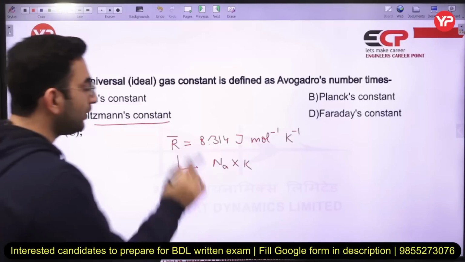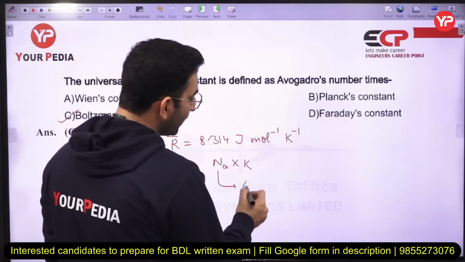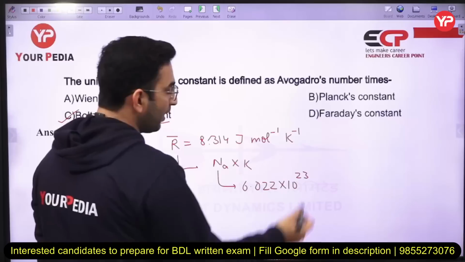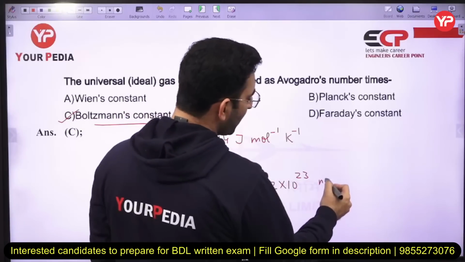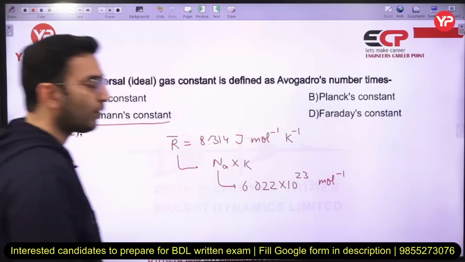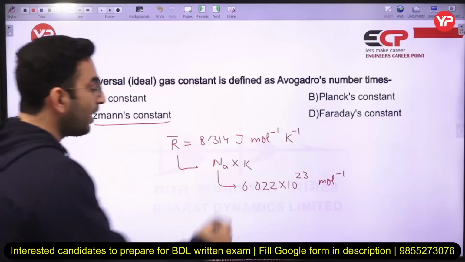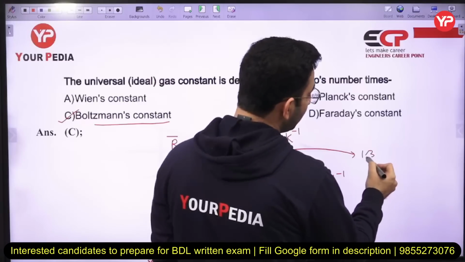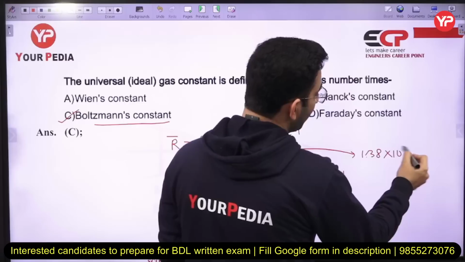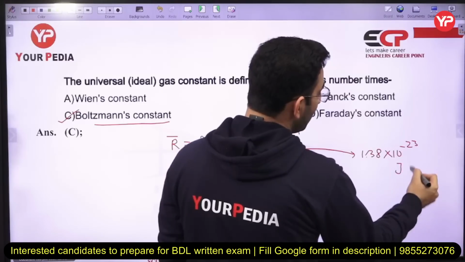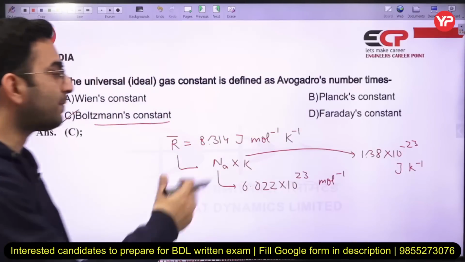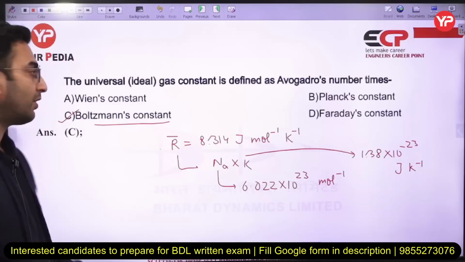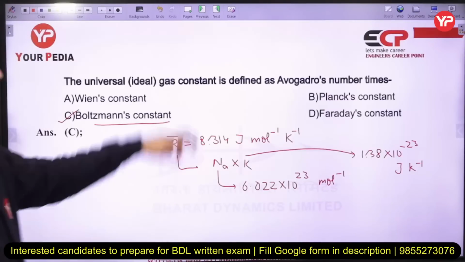Just now I told you that the value of the Avogadro number is 6.022 into 10 to the power 23 here, and its unit is per mole, the number of entities present in per mole of a substance. And the value of the Boltzmann constant is around 1.38 multiplied by 10 to the power minus 23, which has a unit of joule per Kelvin here. So if you multiply these two terms, you will get the final value of the universal gas constant. So option number C is going to be the correct answer in this case.